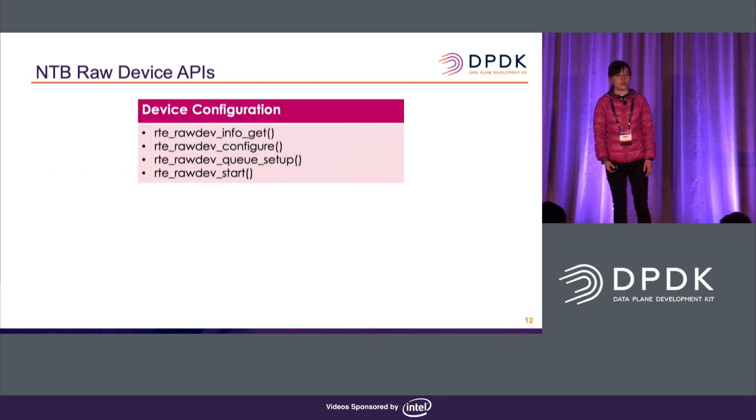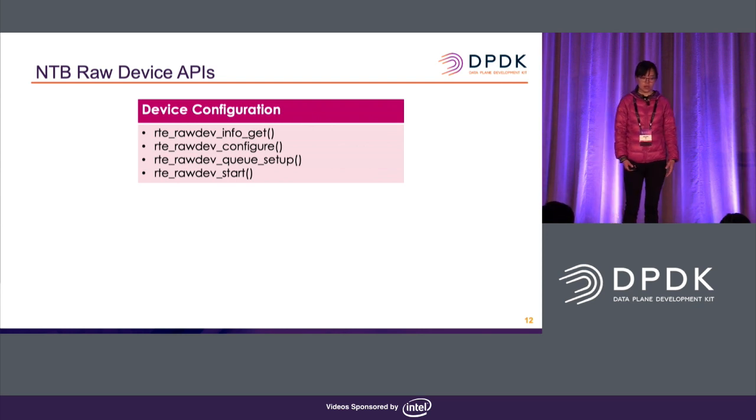If you want to use the NTB device in the DPDK framework, first, after the driver probes and the link is up, you need to configure the device. These functions need to be called in order.